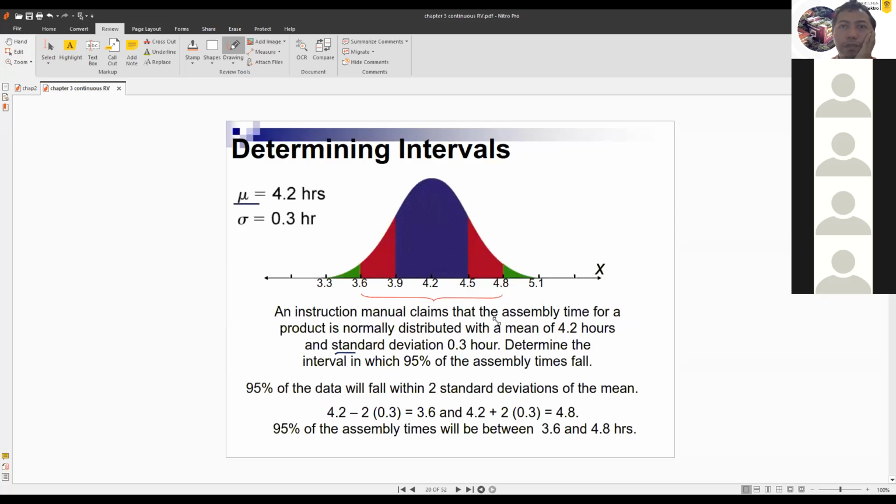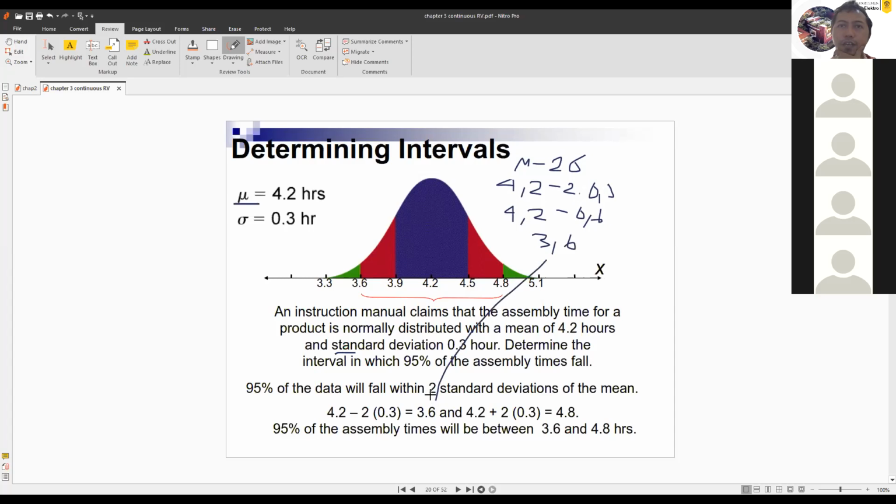So we can easily compute that the starting point is the mean minus twice the standard deviation, and the mean is 4.2. Subtracting 2 multiplied by 0.3 is 4.2 minus 0.6, so 3.6.